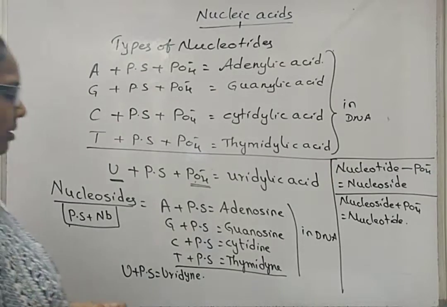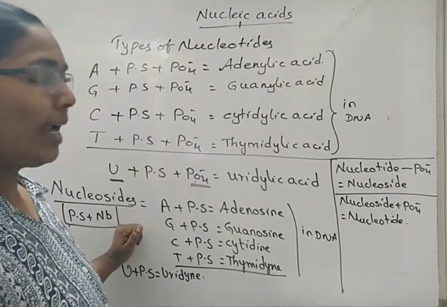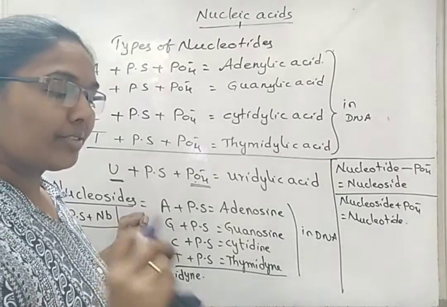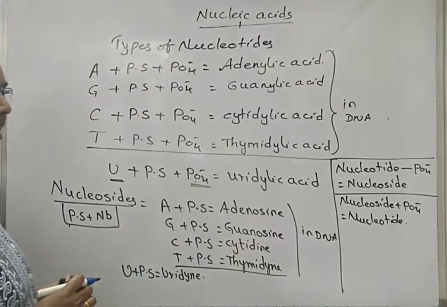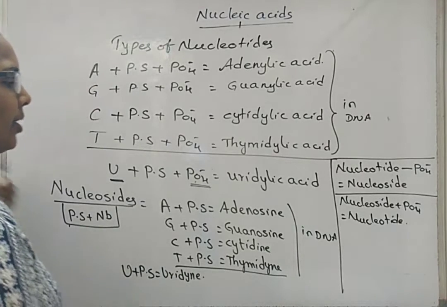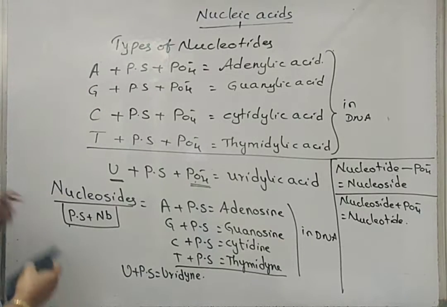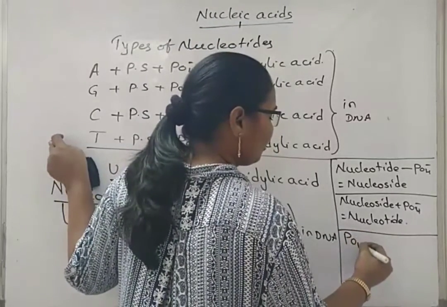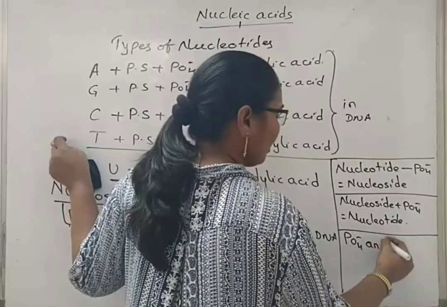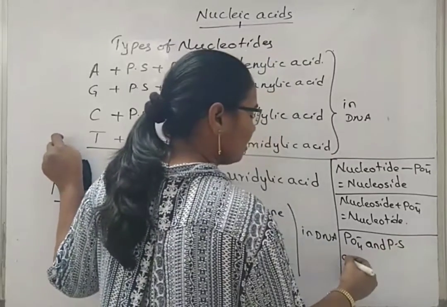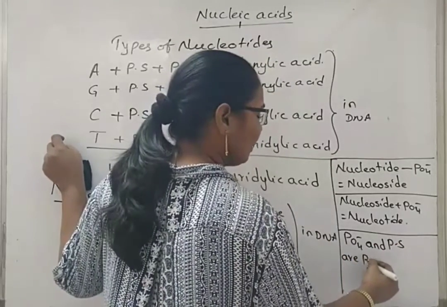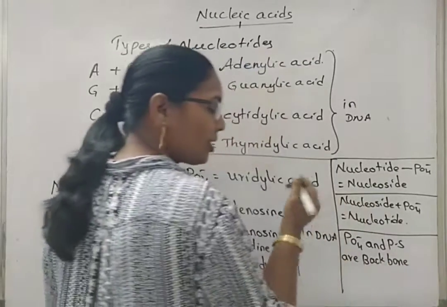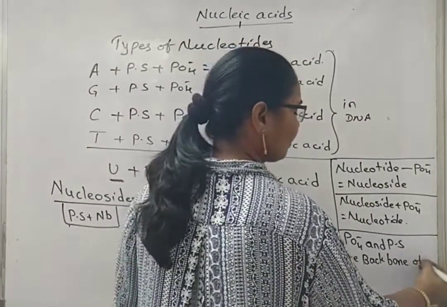Now, this phosphate molecule and pentose sugars are considered as skeletal structures of the nucleic acid or backbone of nucleic acids. Phosphate molecule and pentose sugars are backbone of nucleic acids or skeletal structures of nucleic acids.